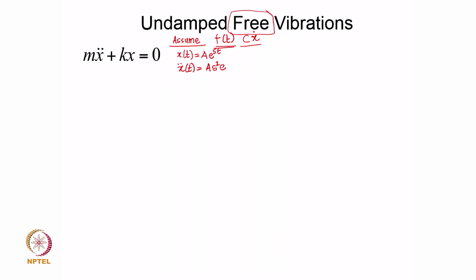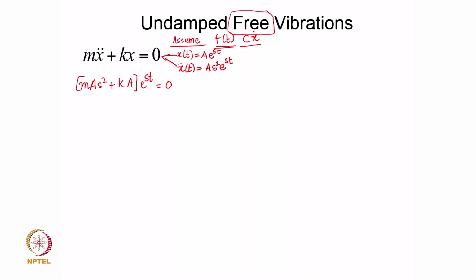If I want to find out the second derivative of x with time, this is what you will get, and therefore, if I substitute both of these into this governing equation, I will get m a s square plus k into a, and then of course, e to the power s t is out common and equal to 0.